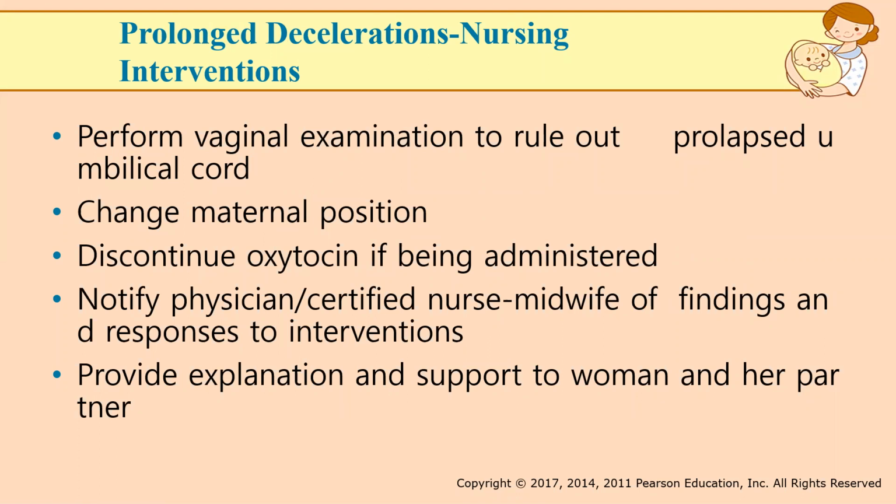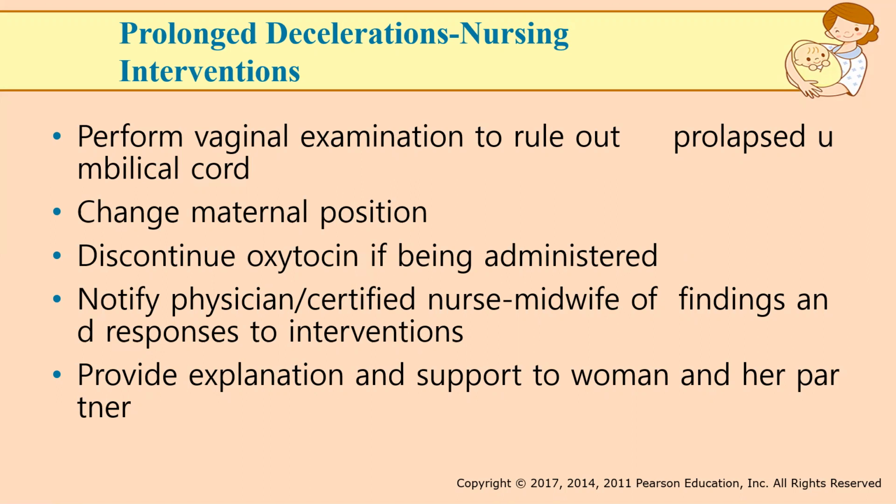For prolonged decelerations, we want to perform a vaginal exam to make sure there's not a prolapsed cord. The prolapsed cord is when it comes out before the presenting part and it may be compressed. We want to change positions of mom. Again, discontinue oxytocin if it's being administered.